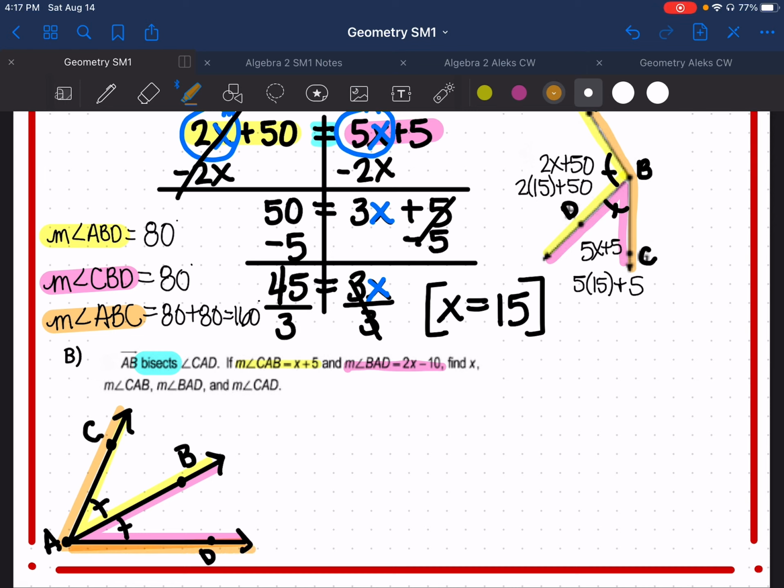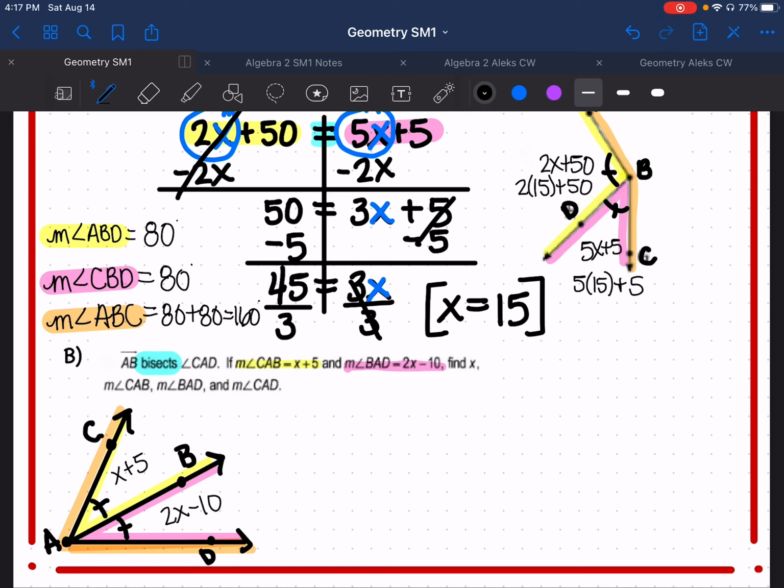Here we go. Find x and then plug them back in. Okay, I can do this. So I can put the x plus 5 right here, and the 2x minus 10 right there. And I have nothing else, so I'm not going to use that orange one.